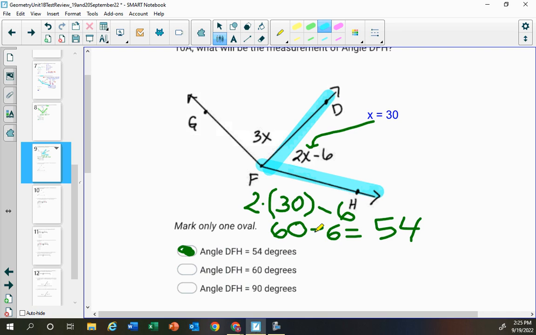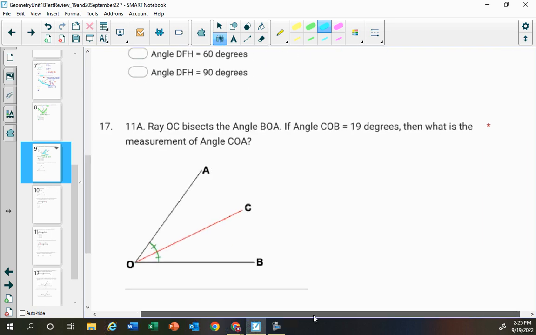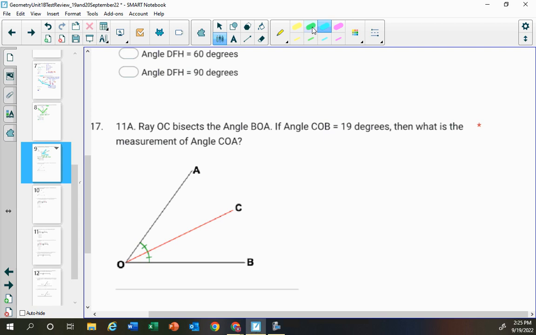So the angle bisector, again, names are going to be important. All right. So they said the ray OC, here's your ray right here, bisects this big angle. There's your little bisector that's right here.